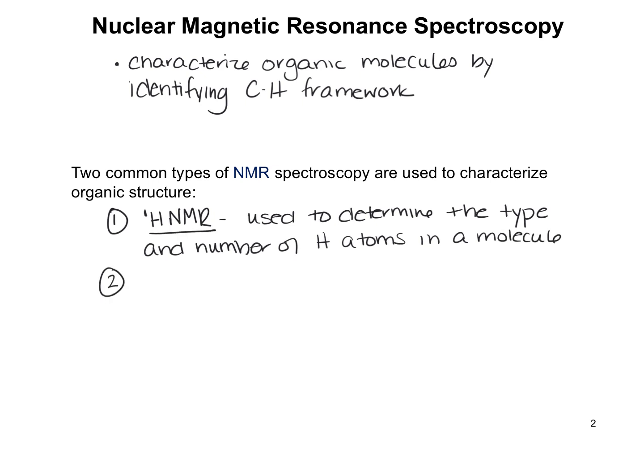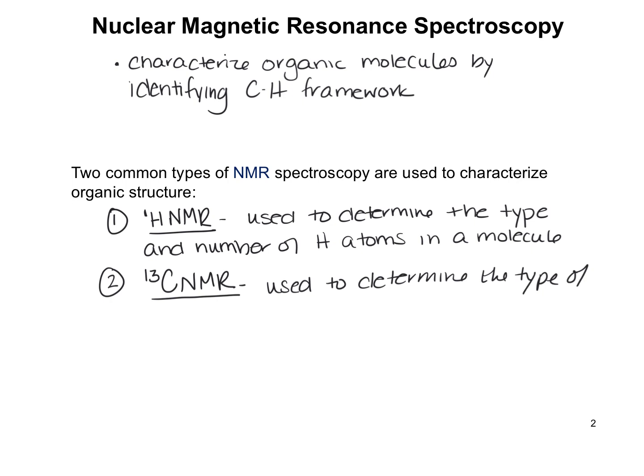And then the second type is carbon-13 NMR. And this is used to determine the type of carbon atoms in a molecule.